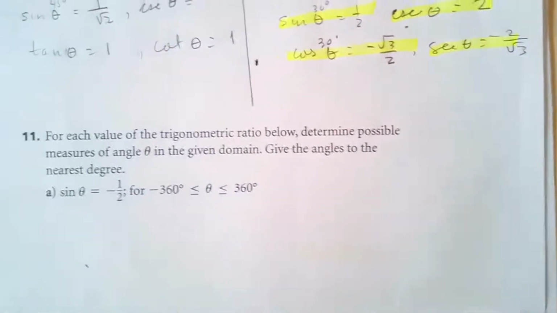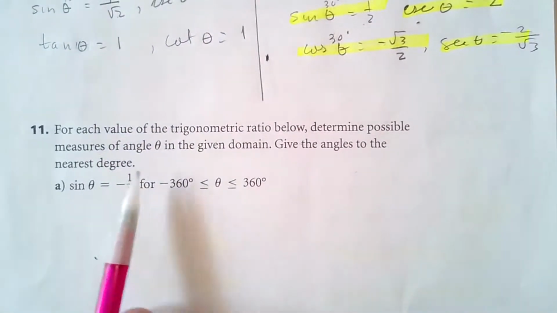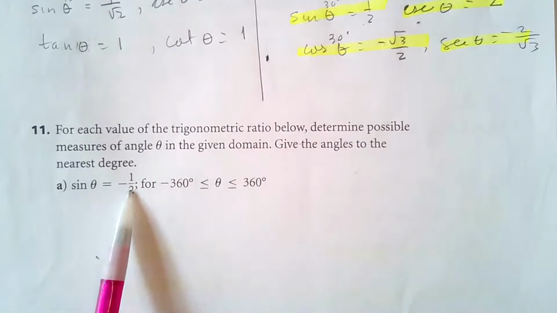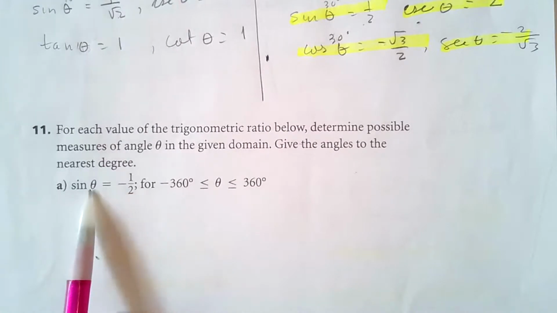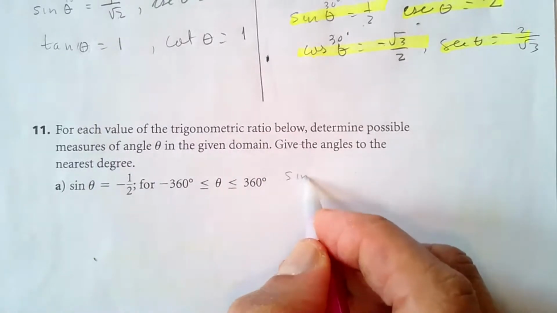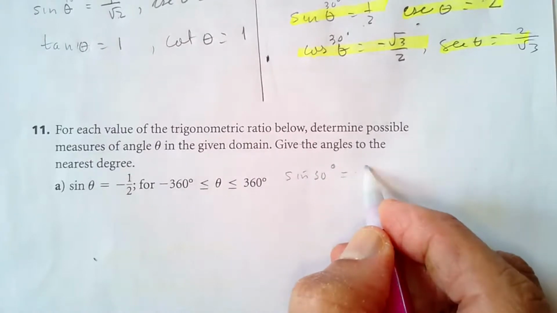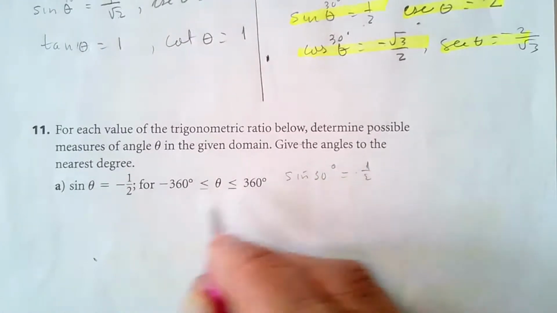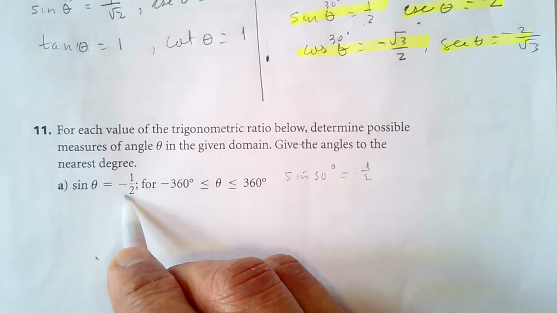For question 11, it's a similar question. You have sine is negative 1/2. So you'll find what the angle for 1/2 is, and you'll find it's 30 degrees. Okay, so sine 30 degrees is equal to 1/2. But now we're dealing with an angle that's negative.